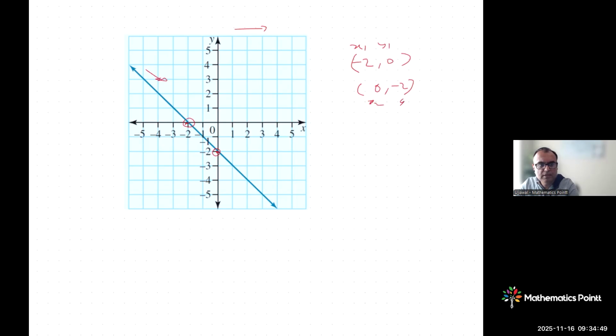So slope is y2 take away y1 over x2 take away x1. y2 is -2 take away 0 over x2 minus x1, 0 take away -2, which means a -1. Good job. -1 is the right answer.